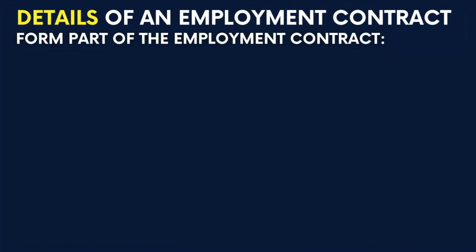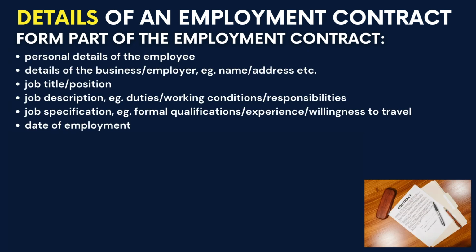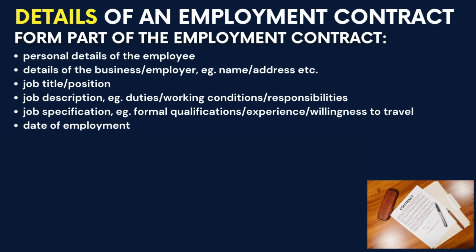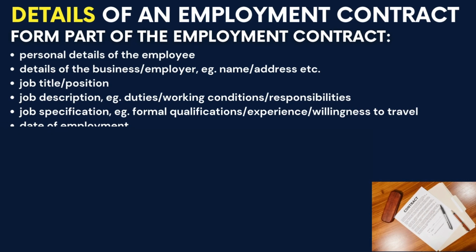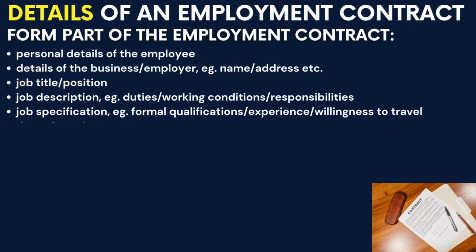Let us now talk about the details of an employment contract, meaning what should be in it. The employment contract needs to have the personal details of the employee. It needs to have the details of the employer, for example, the name and address of the business. It needs to have a job title or job position.